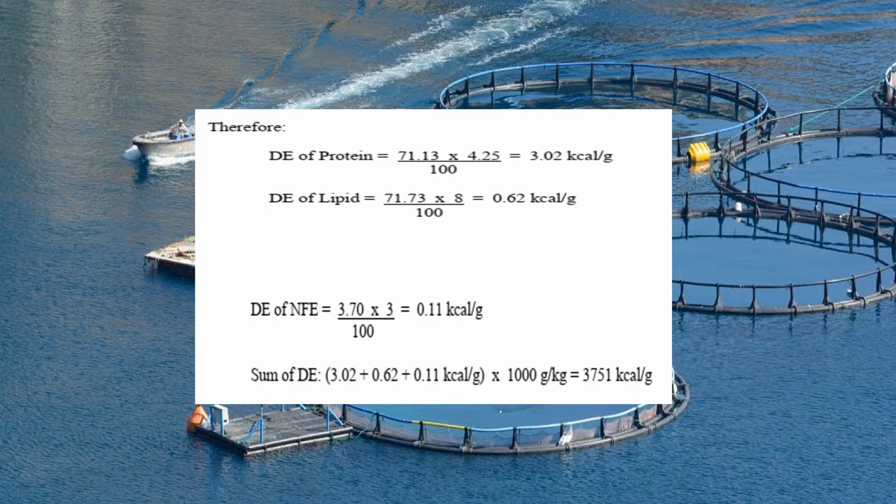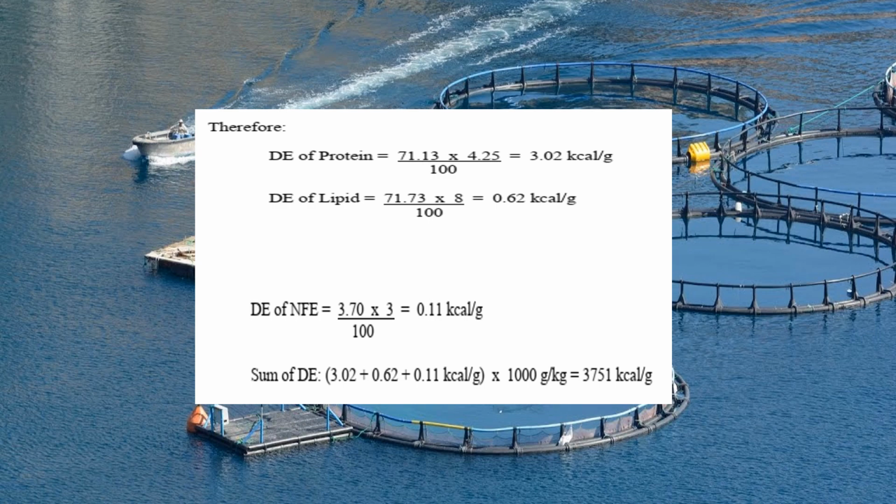So based on the previous slide, the digestible energy of protein is equal to 71.13, which is the value of protein in dry matter, times 4.22, which is the value of digestible energy, over 100, equals 3.02 kcal per gram.